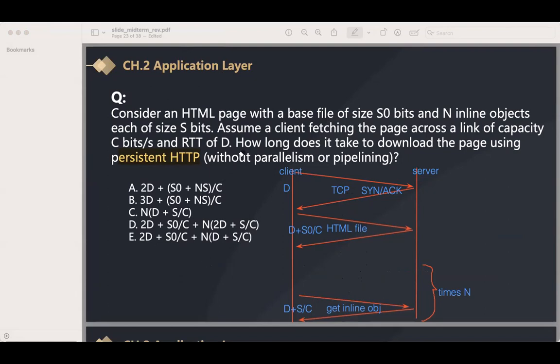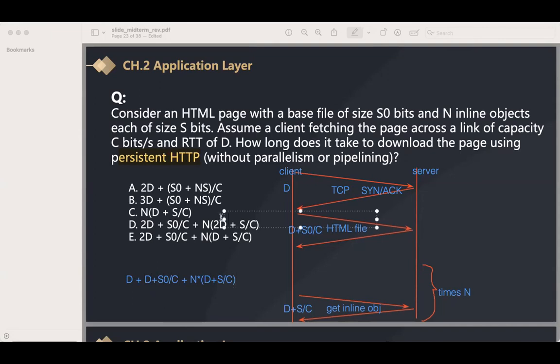Is it E? Yes, it could be correct. So we can do the equation again. D plus d plus s0 divided by c, plus n times d plus s divided by c. So that's the answer. And that's how persistent HTTP works.